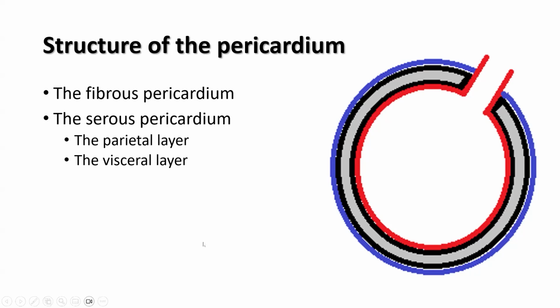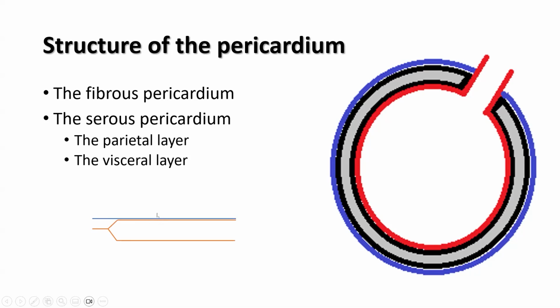Now we can show another animated diagram. Suppose this is the fibrous pericardium and this is the serous pericardium. Serous pericardium has two layers. This is the parietal layer. Parietal layer and fibrous pericardium, they are blended intimately.